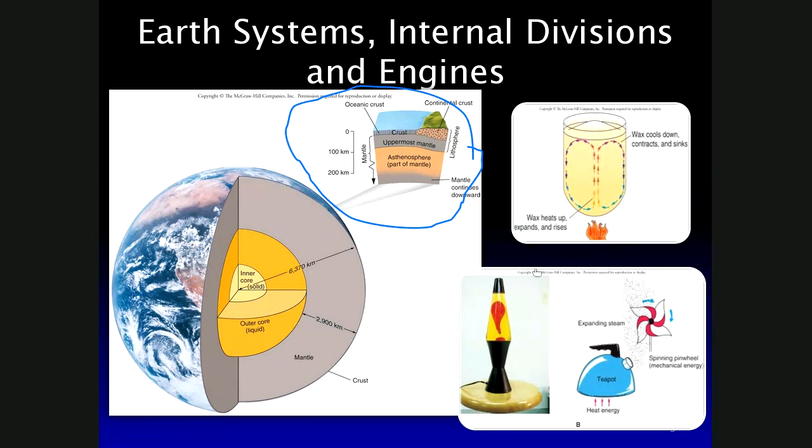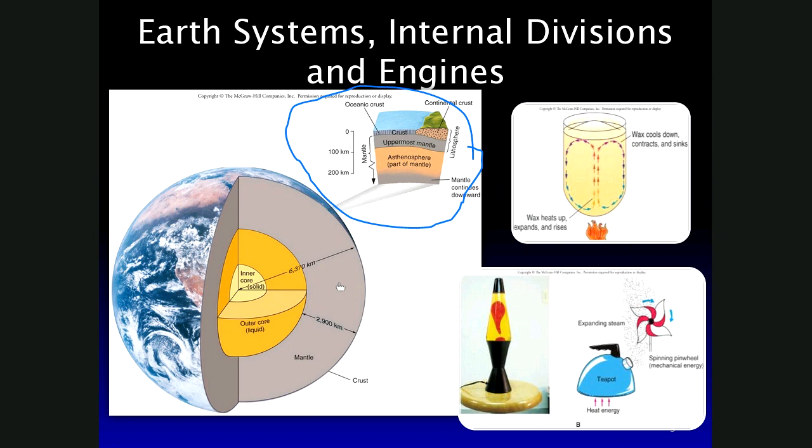So the engine Earth has inside of it seems to be heating the rock materials inside the Earth, making them rise towards the surface, like what we see in a lava lamp. And once these materials move away from this heat source, they cool down and they sink back. So we have good reasons to believe that in the mantle, we have these circulations happening.